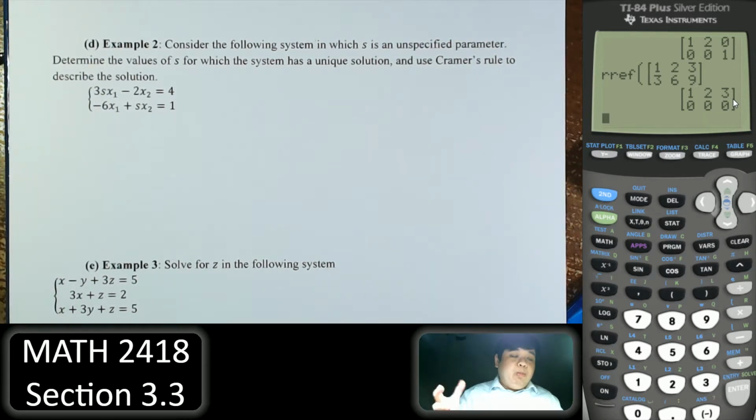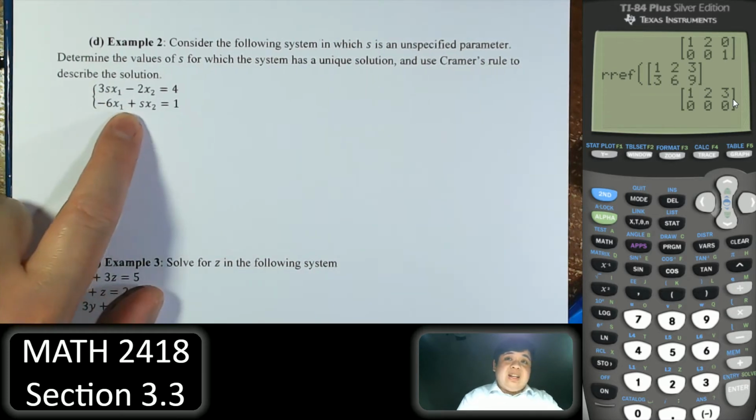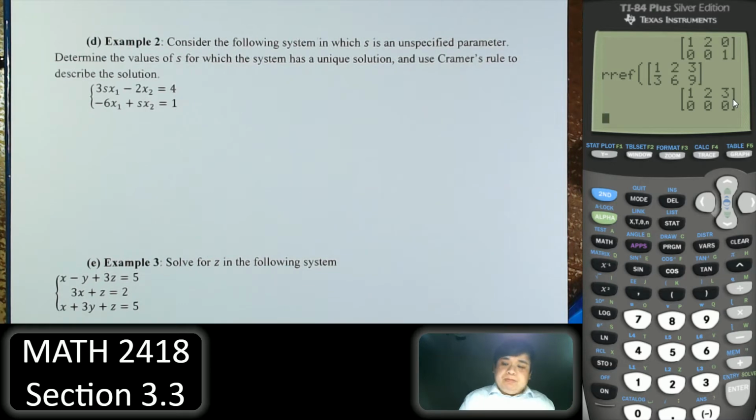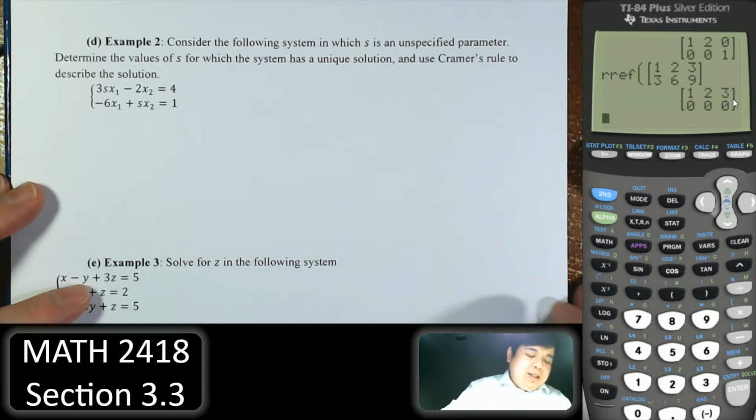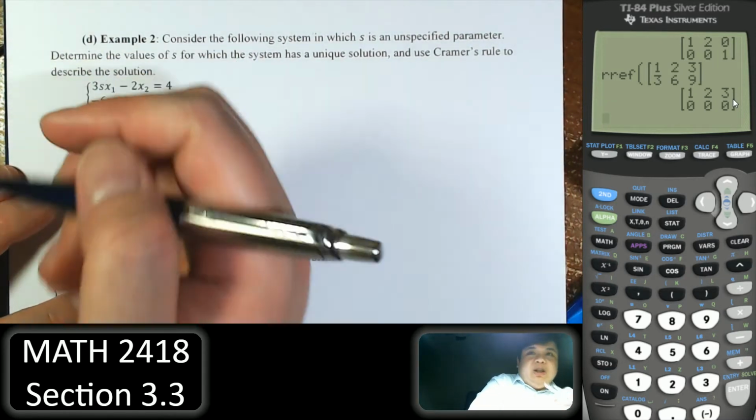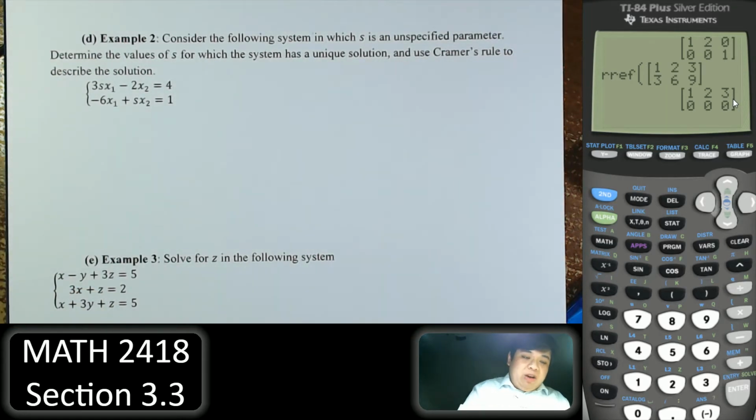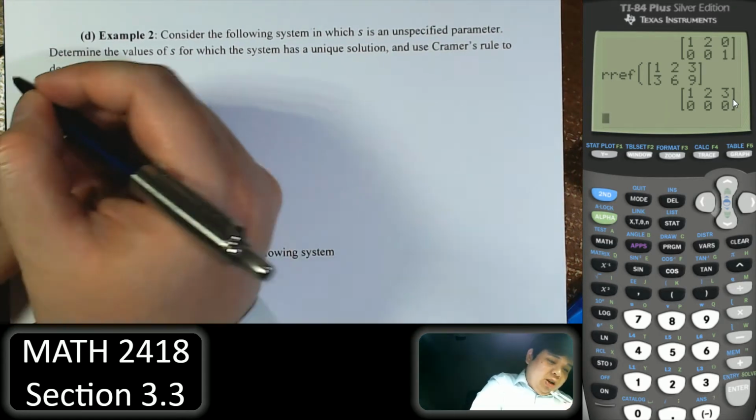We have some parameters in the problem where we don't have all constants, because in the row reduced echelon form steps, if we have variables in it, like s, it will be difficult to evaluate. But still, it's more efficient than Cramer's rule.